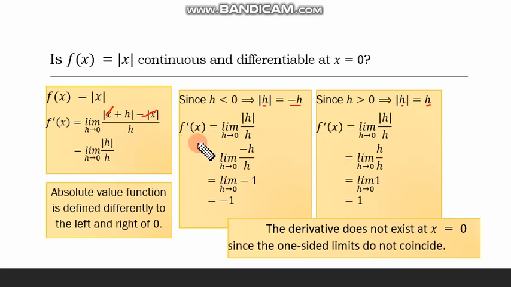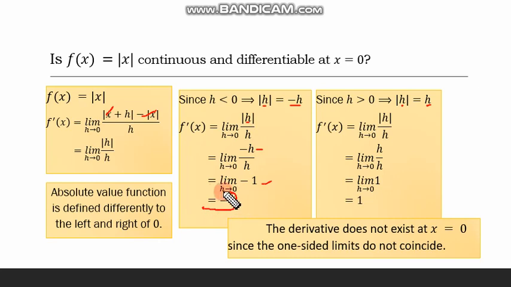So the f prime of x is equal to the limit of the absolute value of h over h as h approaches 0. Again, from the left side, the real value of h inside the absolute value is negative h. So negative h over h is actually negative 1.